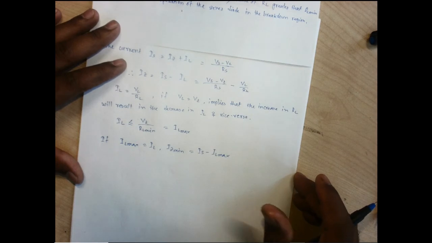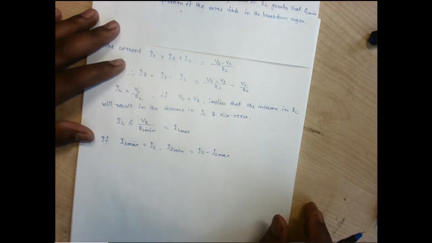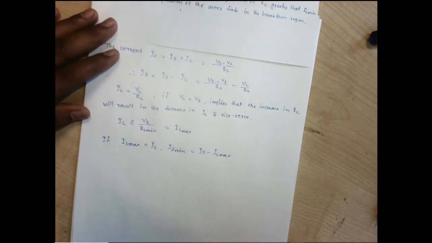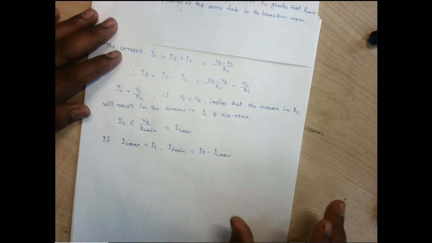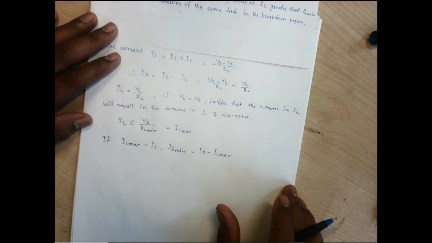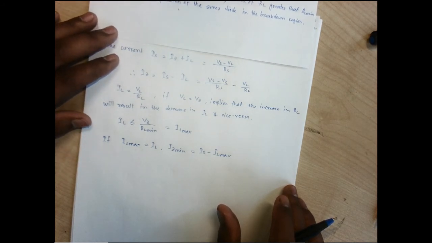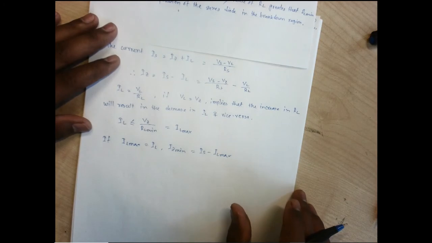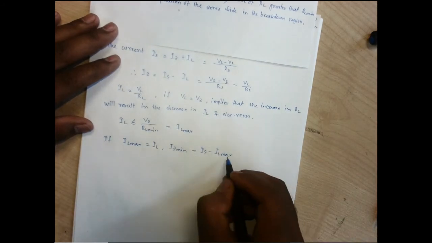Let us consider IZ max as the maximum operating current provided by the data sheet of a particular Zener diode. So this IL is the difference of IS minus IZ. IS we know, so IZ max will give us the IL min. So this is the condition.